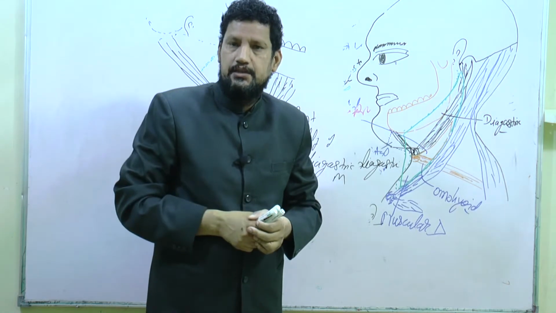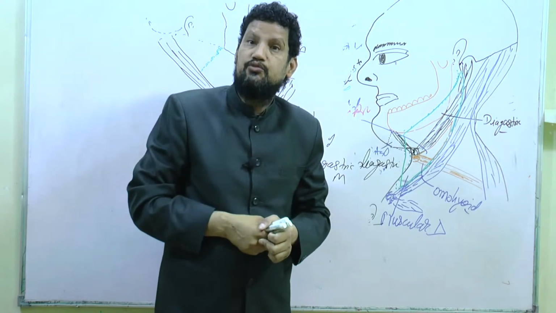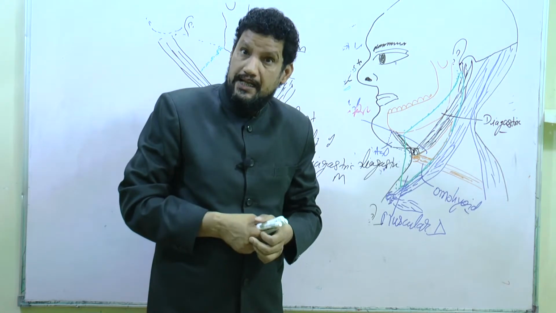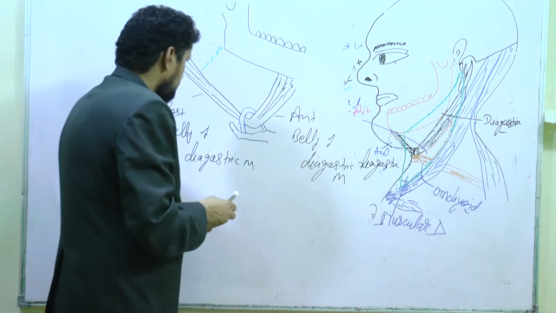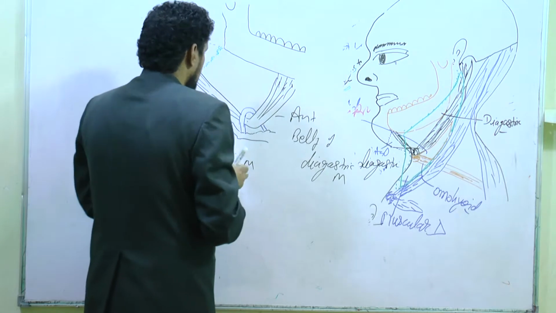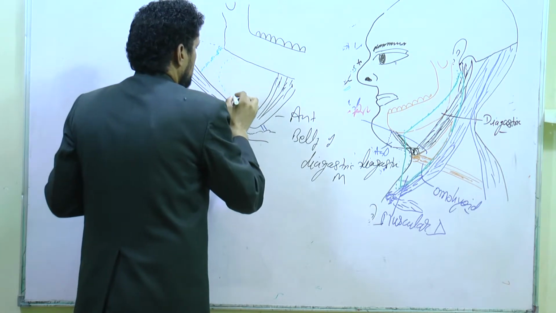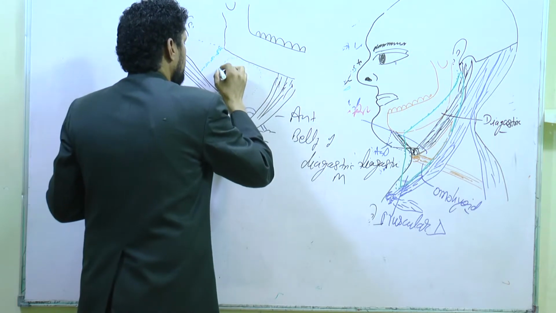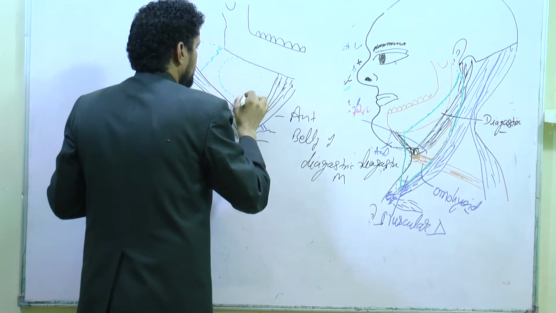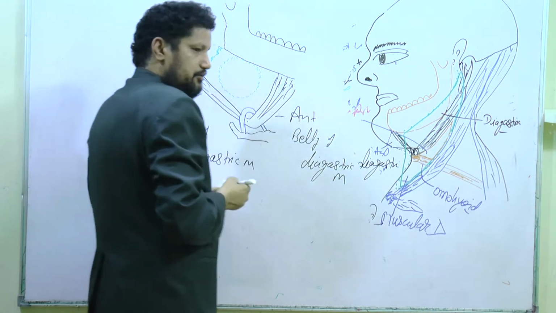The deep part is deeper to the mylohyoid muscle. So this part is having the superficial part of the submandibular salivary gland.